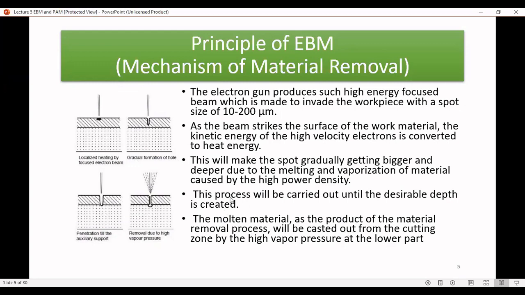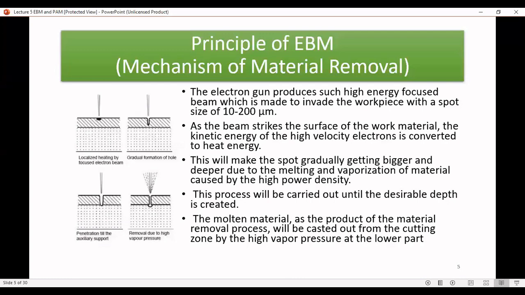If you look at these materials, this is the workpiece. What you see here is the workpiece, and this is what they call the auxiliary support material. Once the electron hits the surface, kinetic energy is converted into heat, right?